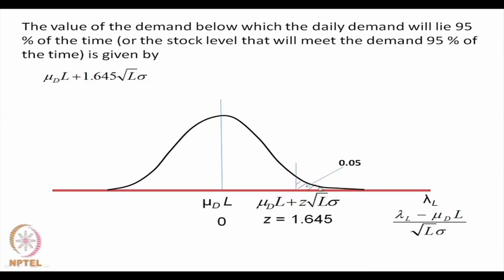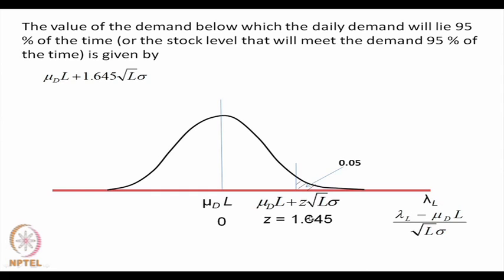If the area under the normal distribution is 0.05, then by how much, if the mean is mu d into L and the standard deviation is root over L into sigma, into Z, the standard normal random variable. From the normal distribution table, we can find the value of Z as 1.645.